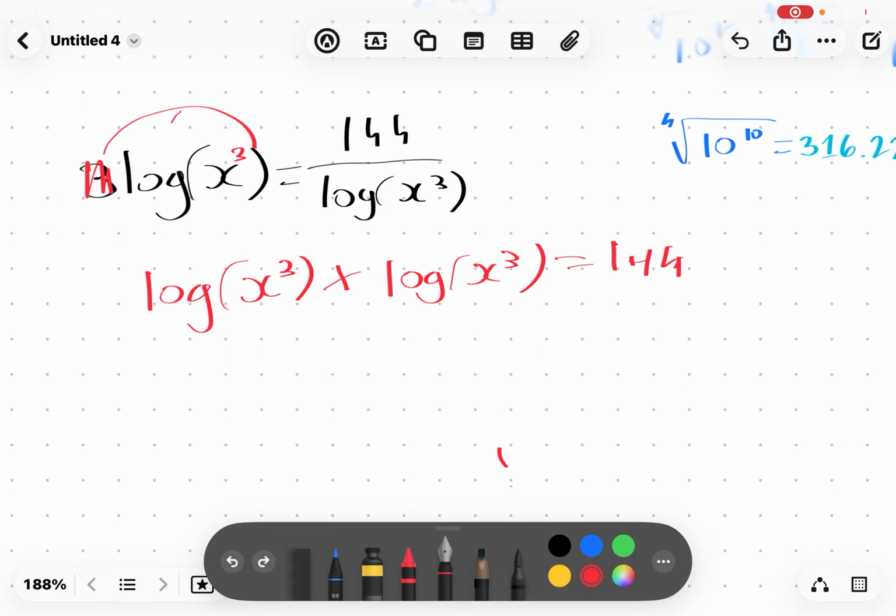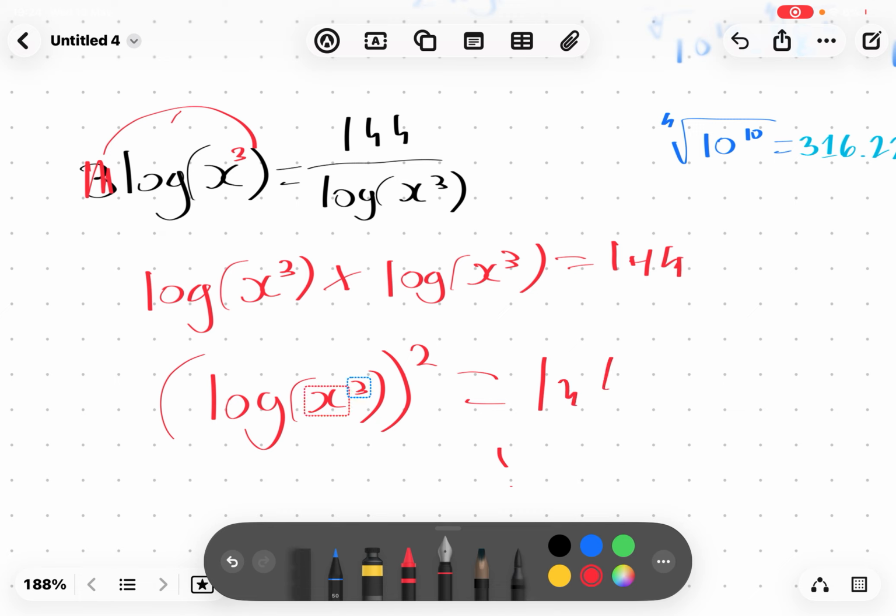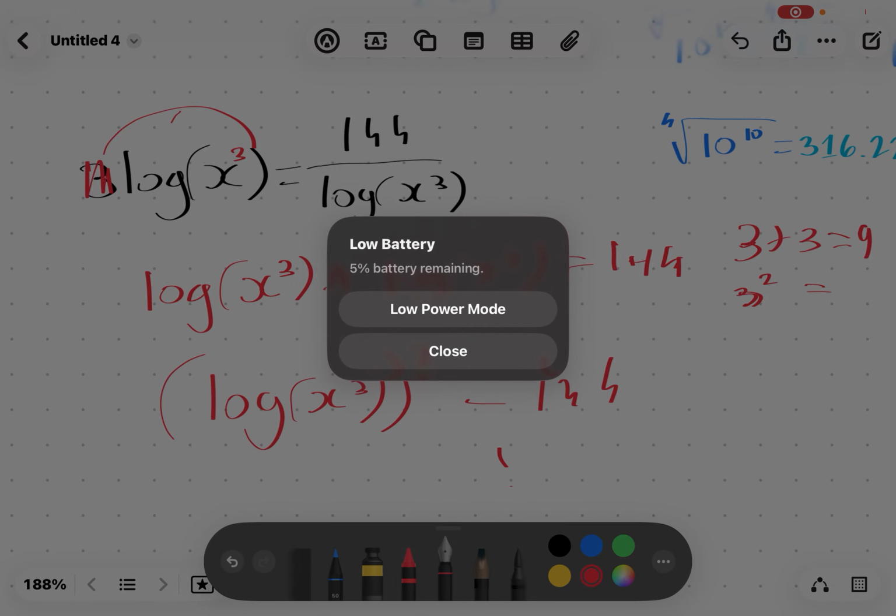No. The times, because they're exactly the same, it's the same as square. Then you do this, both squared. So this is square on this thing, because they're exactly the same. So 3 times 3 equals 9. 3 squared equals 9.